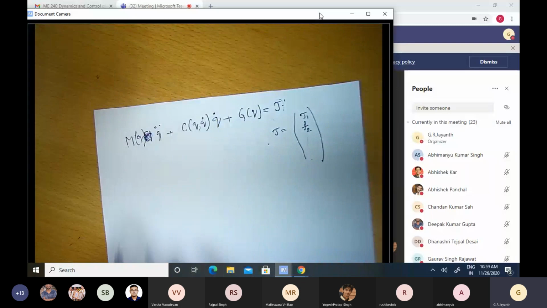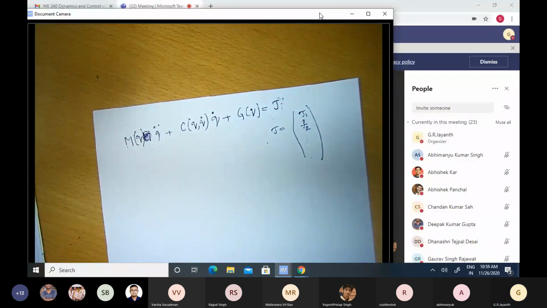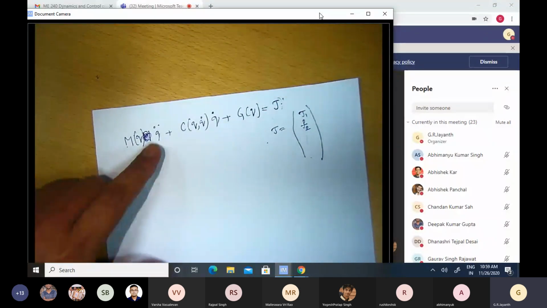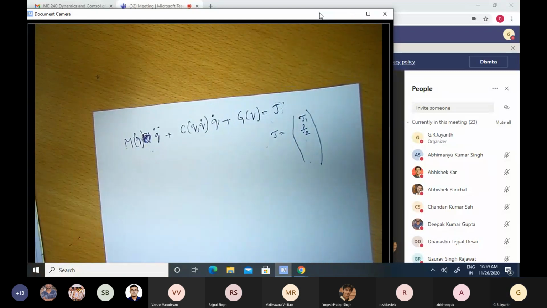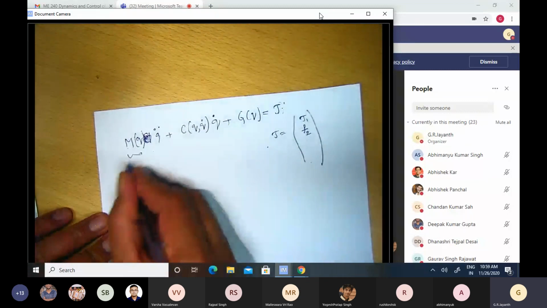So M of q is in general a function only of the generalized coordinates and is not a constant matrix. Because when we say mass, we think of something that's a material property, an attribute of the rigid body. Here, it's called a mass matrix because it multiplies an acceleration term. Otherwise, it is a function of geometry, of the lengths of the rigid bodies and the angles between them. So this is a mass matrix.